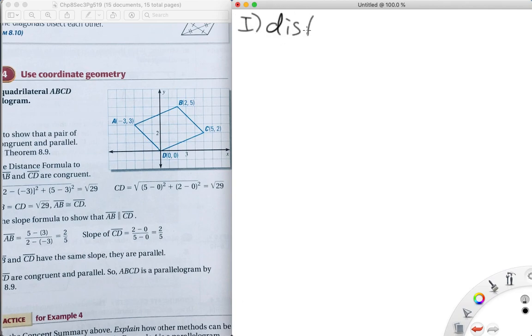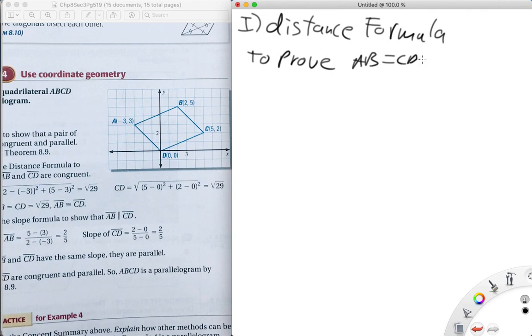Distance formula. You can use that to prove that AB is equal to CD, and we can use it to prove that AD is equal to BC. And that would be using one theorem.